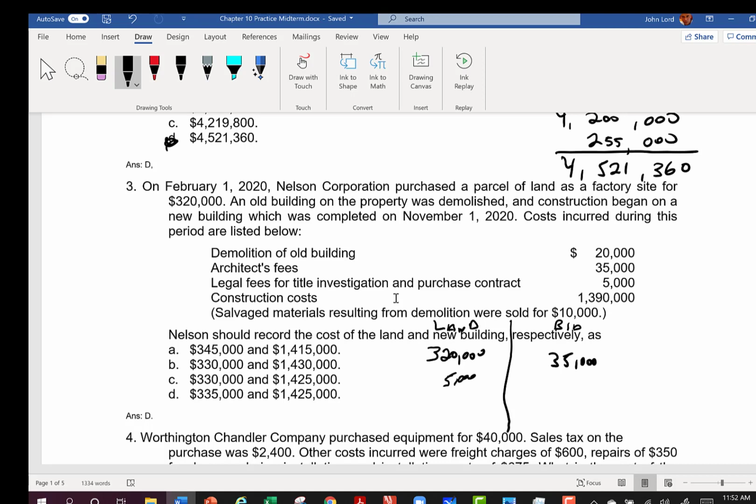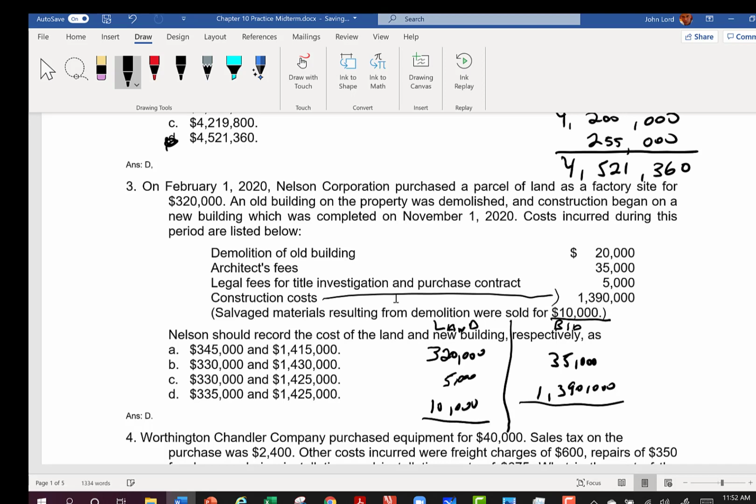Construction cost here are going to be $1,390,000. Sometimes the hard part is just lining these up for me. $1,390,000. That's part of the cost of the building. And then we've got the $10,000 for the scrap that was sold, and of course that $10,000 comes off the cost of the land.